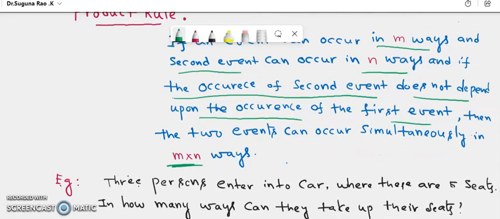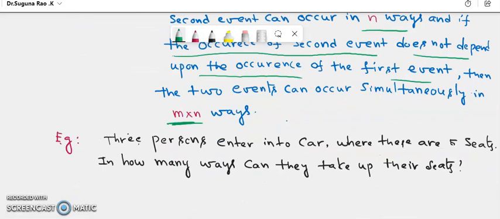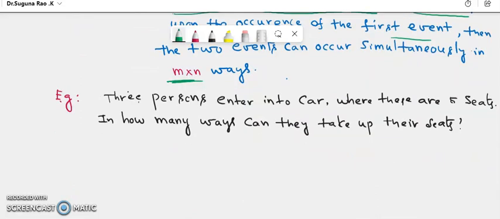For example, 3 persons enter a car where there are 5 seats. In how many ways can they take up their seats? Look at the problem and observe this.